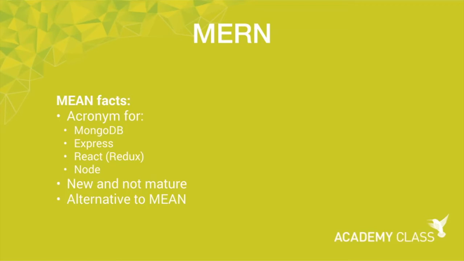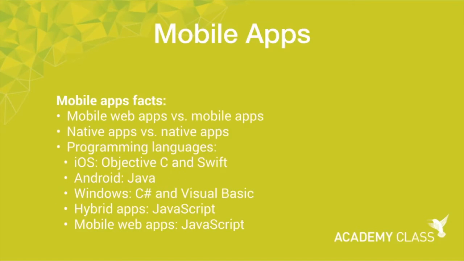It's new and not mature, but if you like React much better than Angular, you can take a look at the Mern framework. At the moment, I would not recommend building production apps with it, since it's very new. But who knows? Maybe it will overtake Mean as the default framework for working with JavaScript apps.